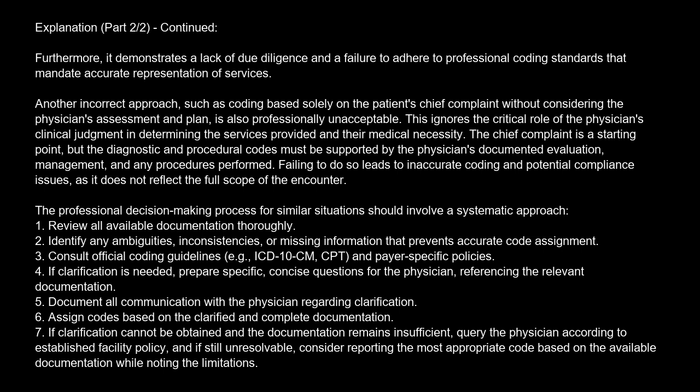Document all communication with the physician regarding clarification. 6. Assign codes based on the clarified and complete documentation. 7. If clarification cannot be obtained and the documentation remains insufficient, query the physician according to established facility policy, and if still unresolvable, consider reporting the most appropriate code based on the available documentation while noting the limitations.